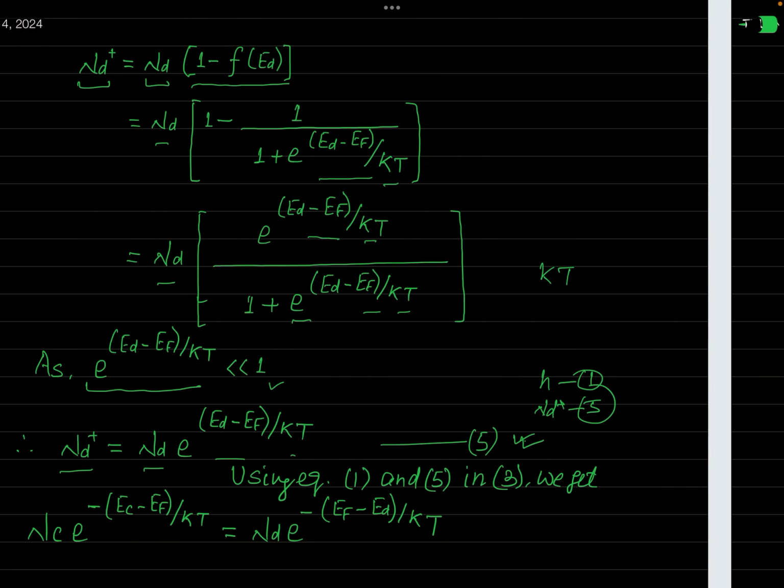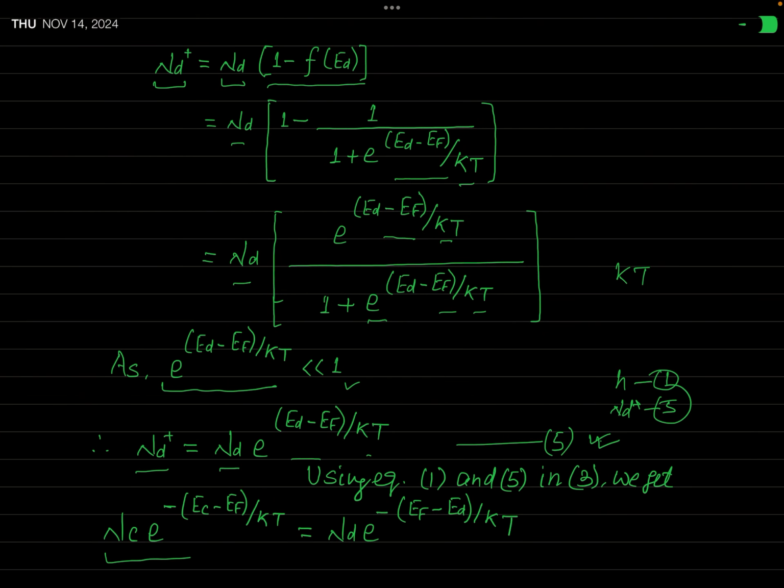Equating these two, N is Nc times e to the power minus Ec minus Ef over Kt, and Nd plus is Nd times e to the power minus Ef minus Ed over Kt. Here I have taken the minus as a common factor, so Ed minus Ef has now been written as Ef minus Ed.